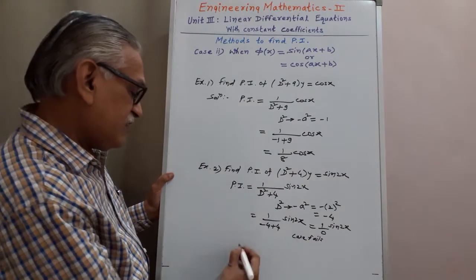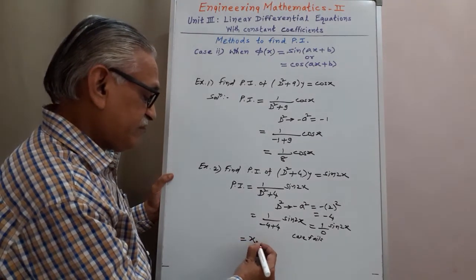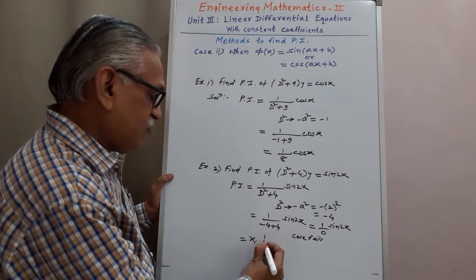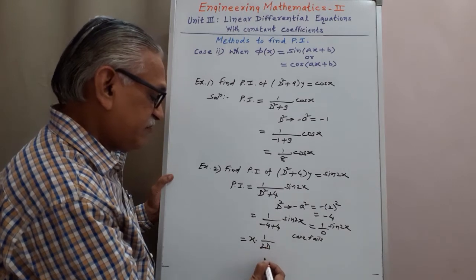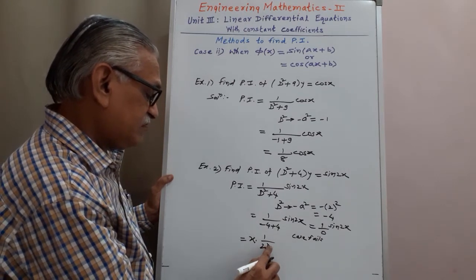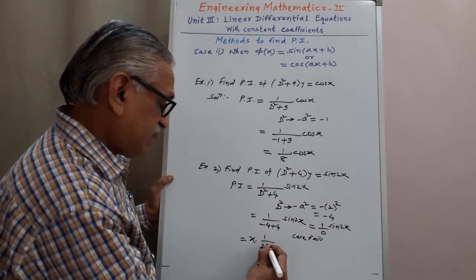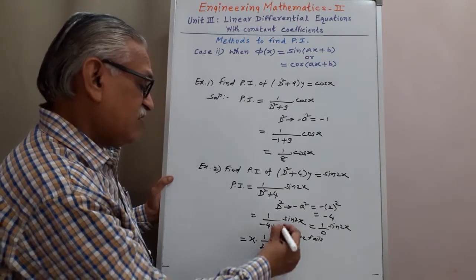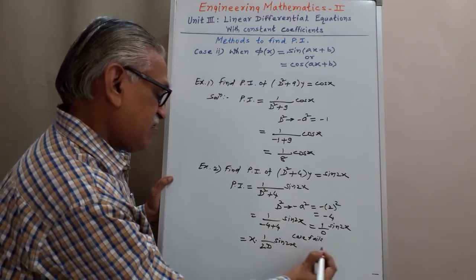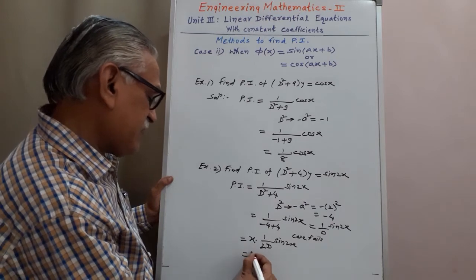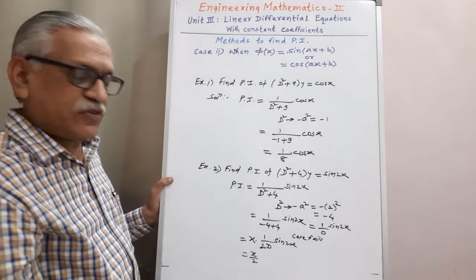And as the case fails, we go to the next step as x into 1 upon the differentiation of this term with respect to D, which is 2D, and then operate it on sin 2x, and it is equal to x by 2. 1 by D stands for the integration.